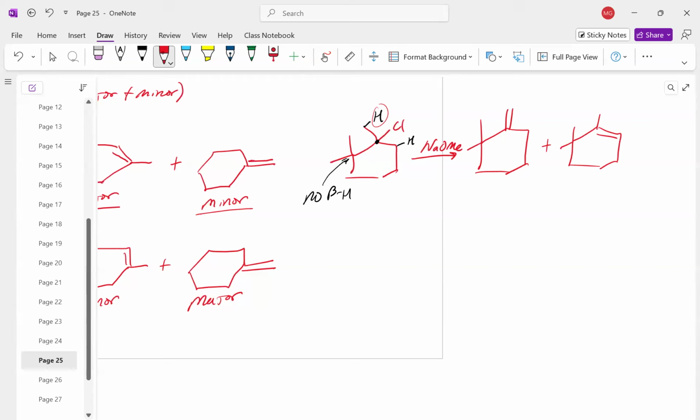Now, how do I decide which one is the major or the minor? Well, I'm going to look at my base. Is the base big or small? So OMe, methoxide, you should already commit that to memory. That's a small, strong base. So this is going to form the Zaitsev product preferentially, and the Hofmann product will be the minor product.